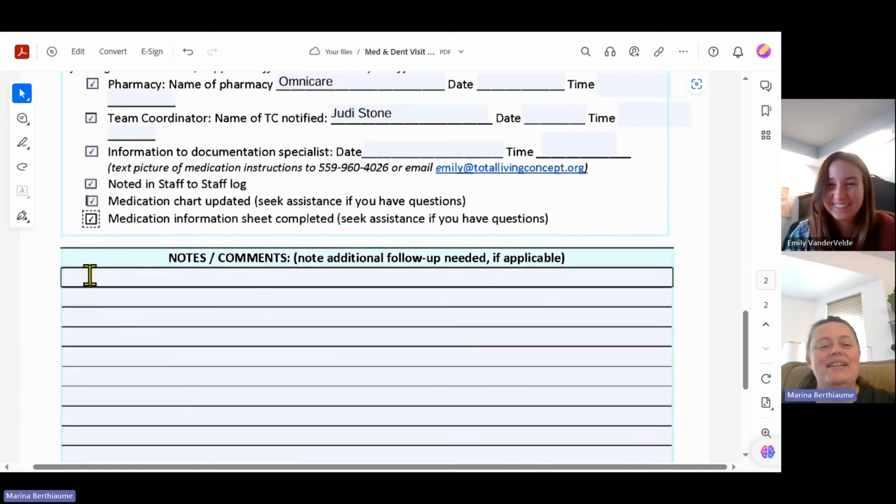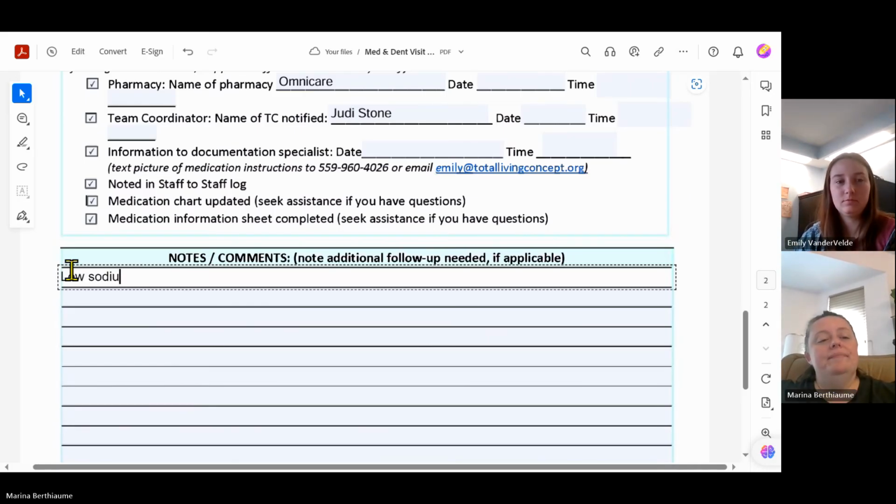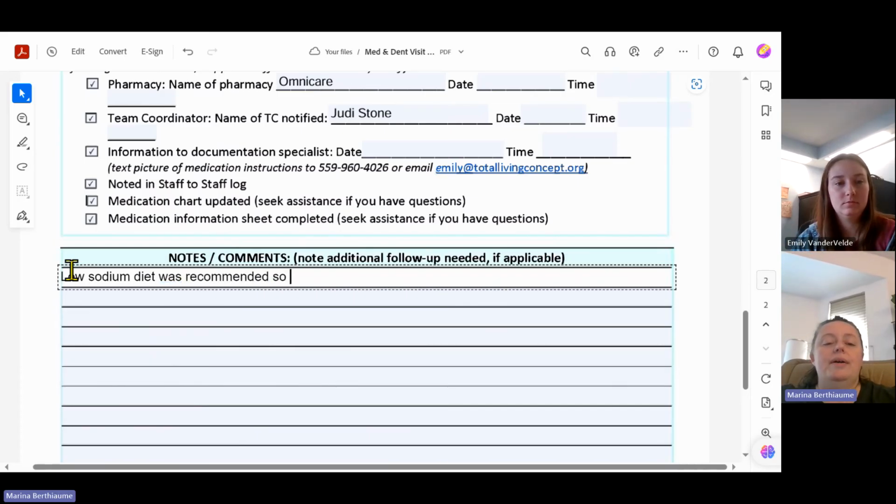Down here is a section for you to add any extra notes about additional follow-ups. So for example, let's say a low sodium diet was recommended.